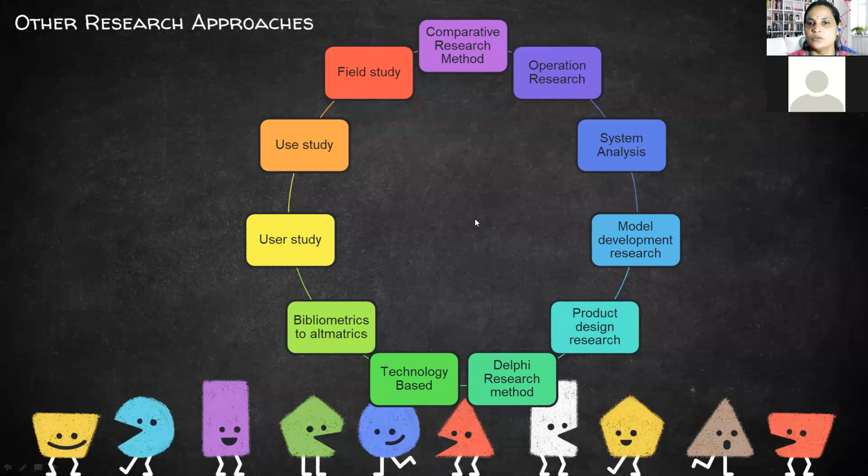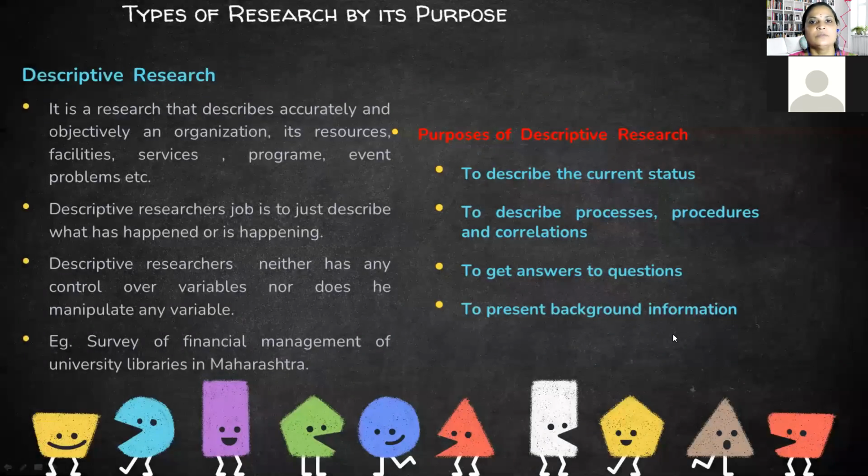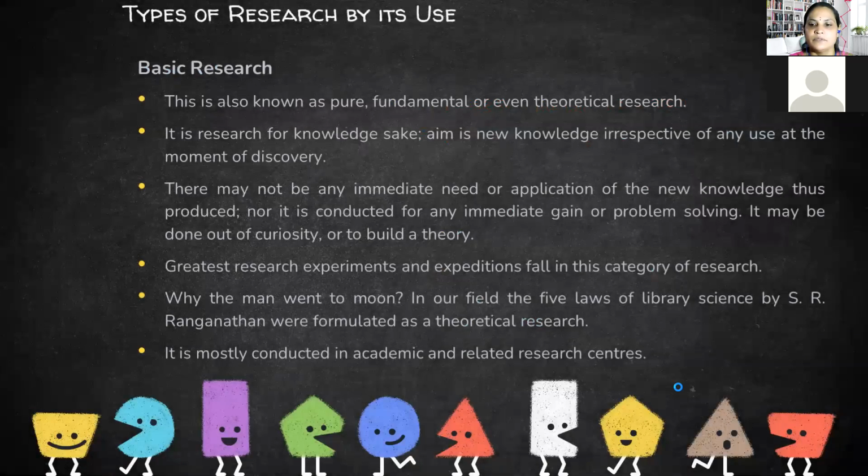So this also today we are going to see. We are not going into the depth of that, but at least you should understand the meaning of those approaches. So directly I am going to the types of data.